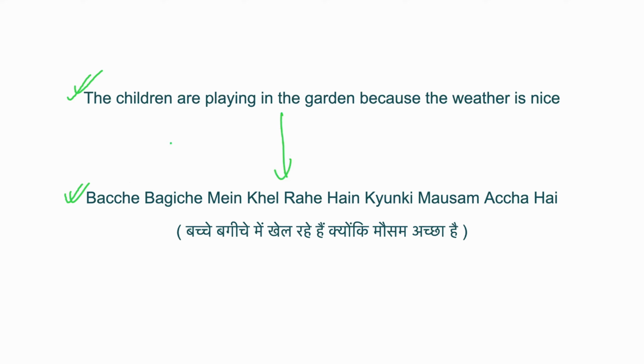When we generate a word in the output, as a human, instead of looking at the whole sentence, we look at phrases from the sentence. For generating the first word, bache, we first look at the first two words from this English sentence, the children.